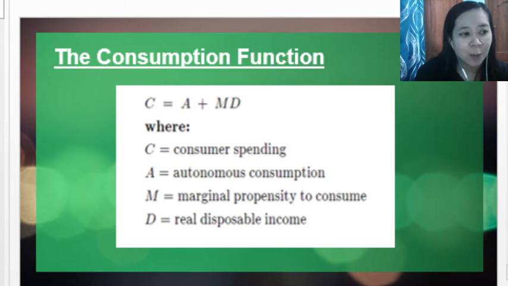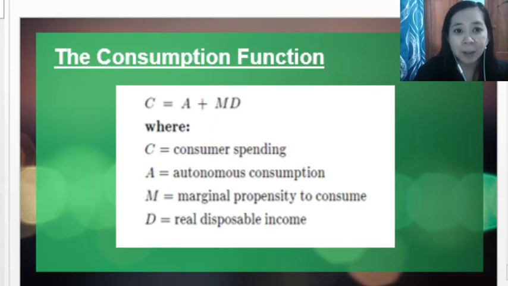What do we mean by consumer spending? Consumer spending is basically the spending of the income of an individual. Whatever he purchases, may it be goods or services, and pays for, that is what we call consumer spending.